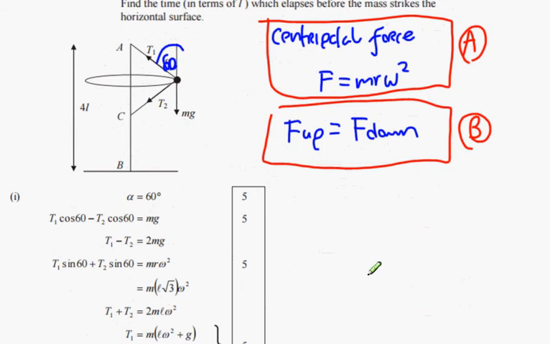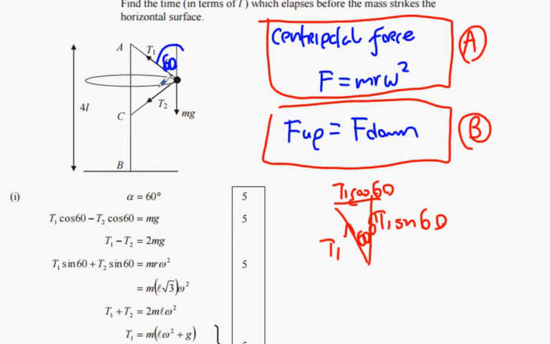So what we're going to do is this. What goes up equals what goes down. So looking at T1 here, T1 goes in this direction here, and that's 60 degrees. So that makes that T1 cos 60 and T1 sine 60 going up and to the left.